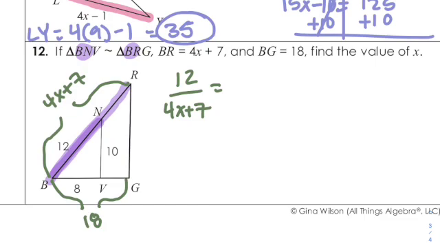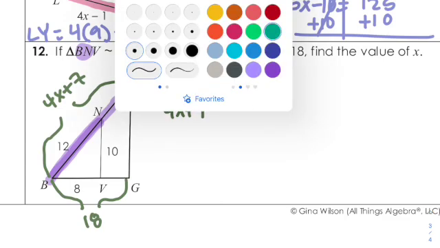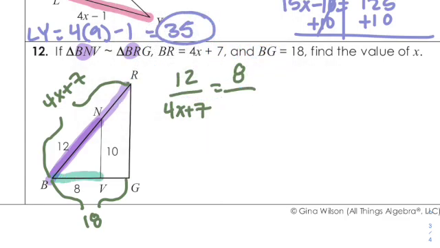So we have to use the 8 and the 18. Okay? So 12 is a part of the smaller triangle. So therefore, and we wrote that on top. So therefore, we have to write 8 on top because it's a part of the small triangle right here. And if we look, BV is proportional to BG.